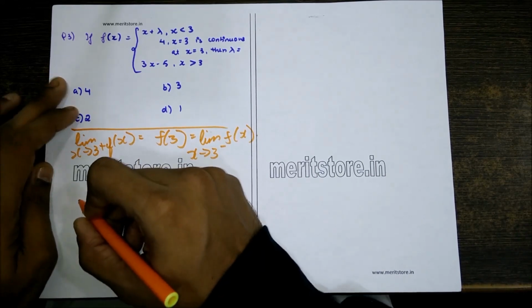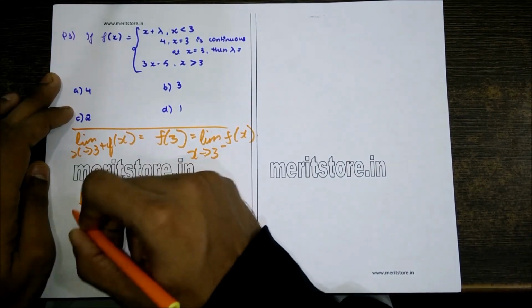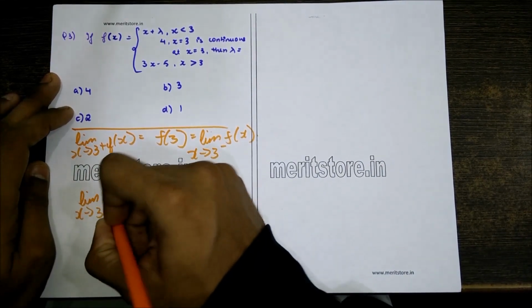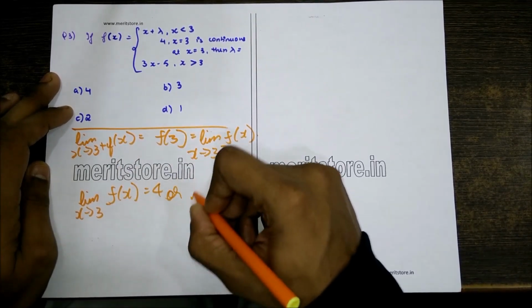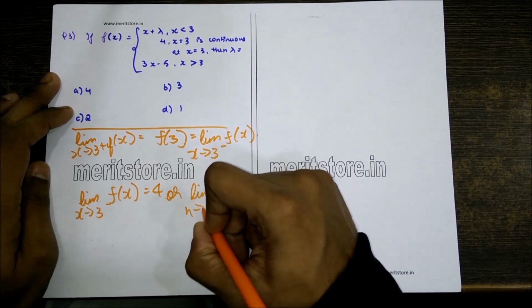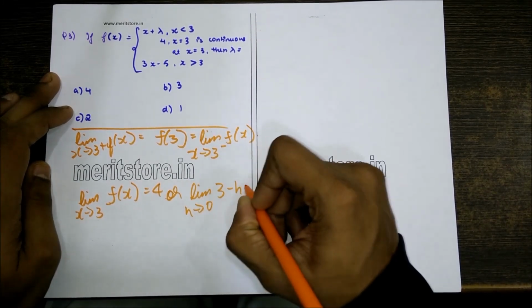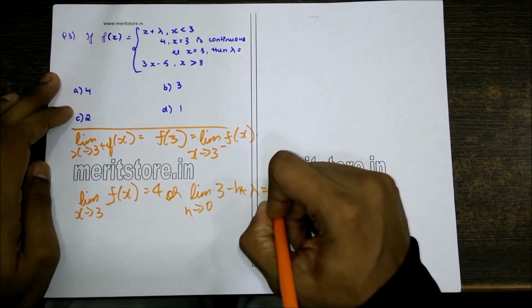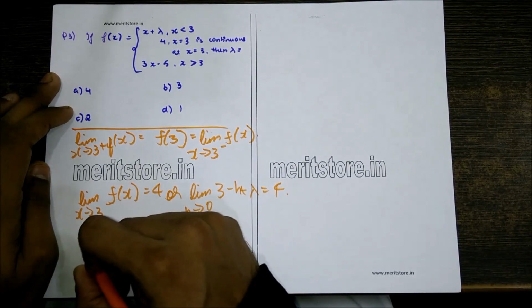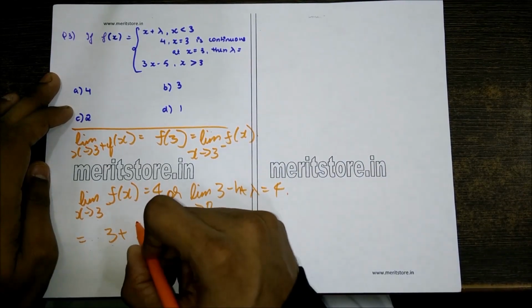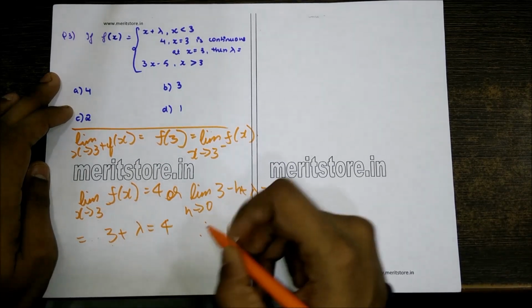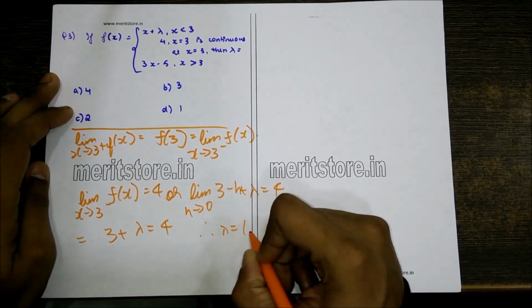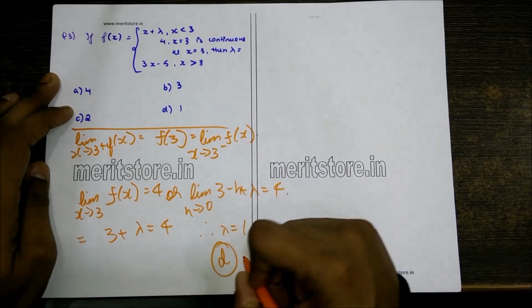So therefore we can write limit of x tends to 3 minus f of x equals 4, or limit of h tends to 0, 3 minus h plus lambda is equal to 4. Now that gives us 3 plus lambda is equal to 4. Therefore, taking 3 on the right hand side, we can say lambda is equal to 1, which is option D.